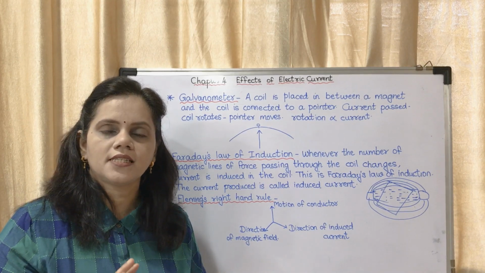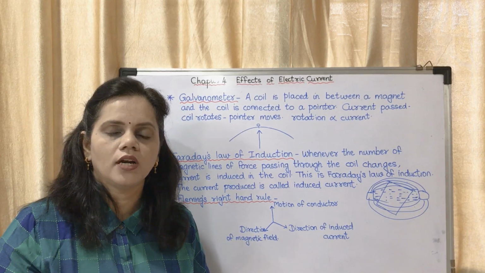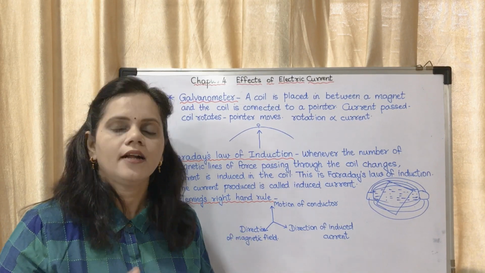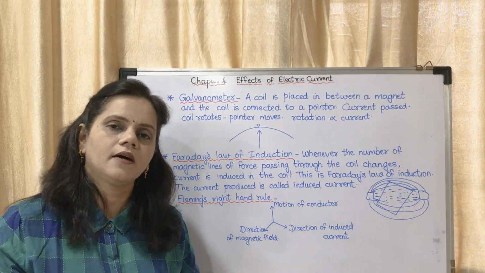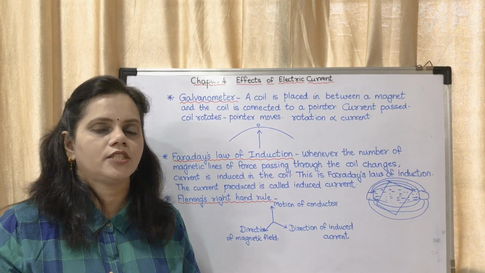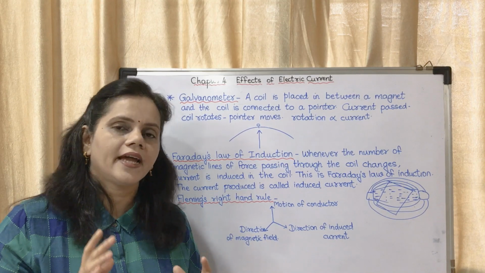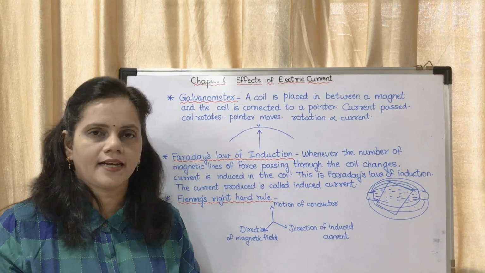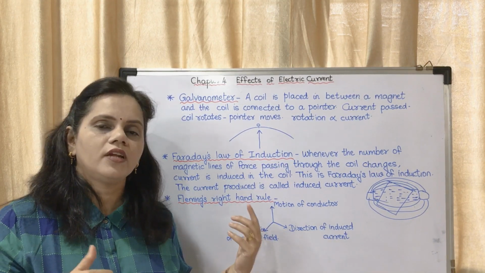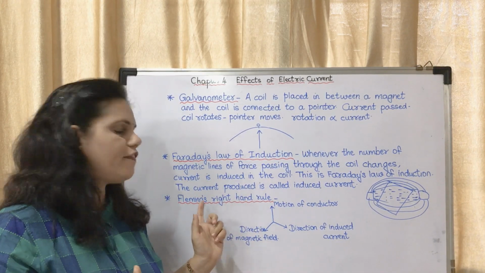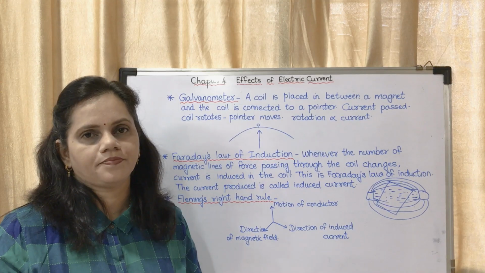They won't just ask you right hand rule. If the name Fleming's is not there, then you may write right hand thumb rule. For Fleming's left hand rule and Fleming's right hand rule, the name Fleming's is given.